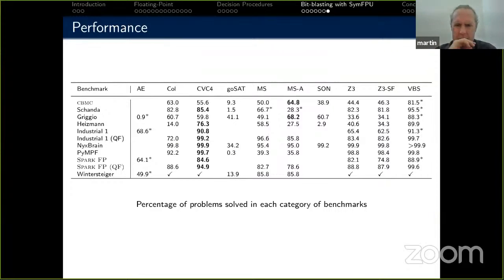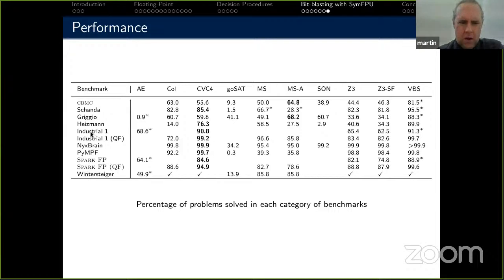Right, so performance. These are some slightly old numbers for a reason. These are from about when we published the paper. And these are various different benchmark suites.